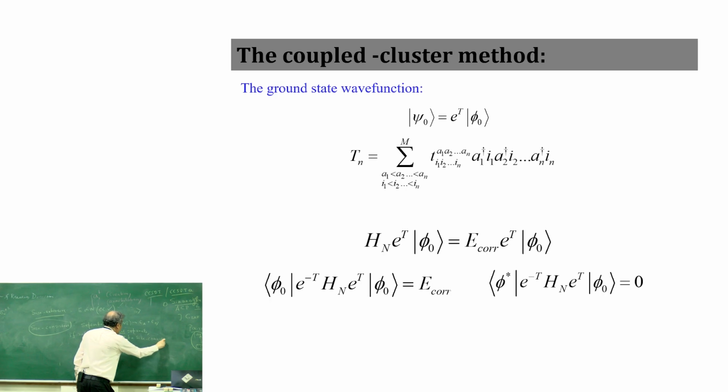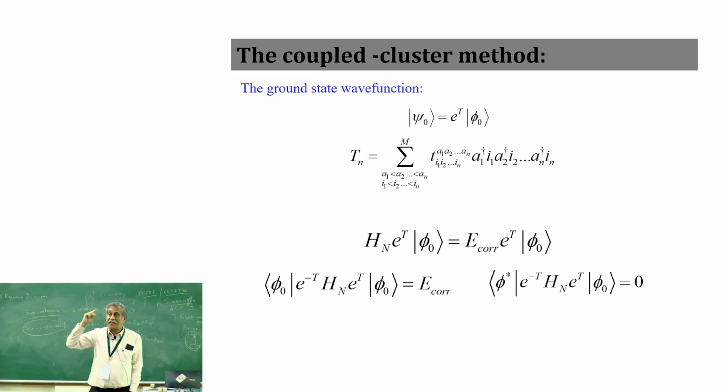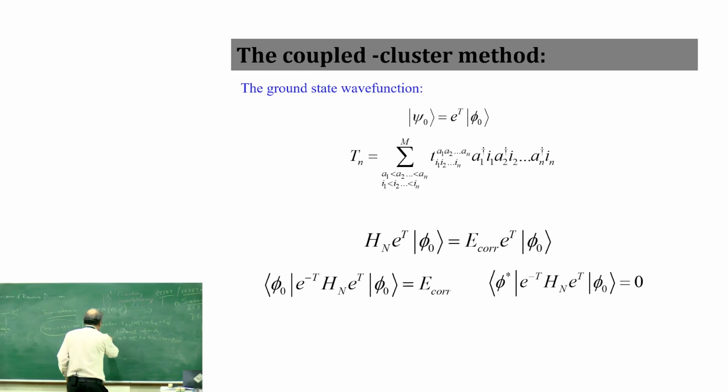The problem here is not with the correlation part. The problem here is the reference part. So for size consistency, two things have to happen. The reference, Hartree-Fock or whatever you start with, must separate, and then your correlation part must be size extensive.